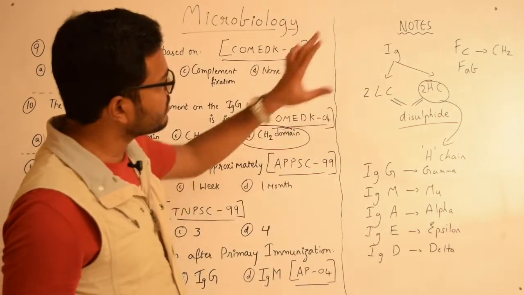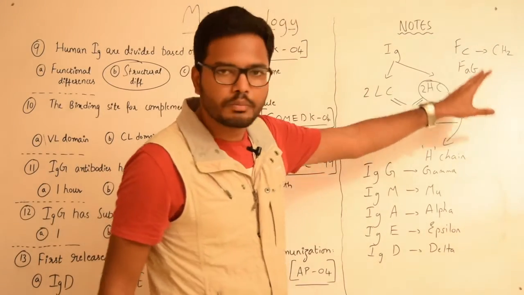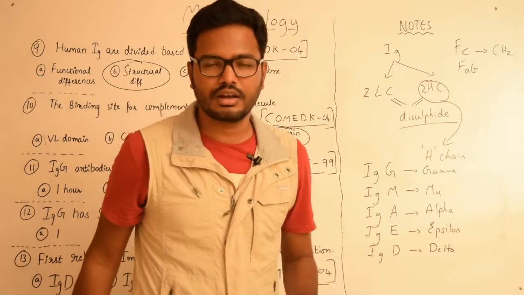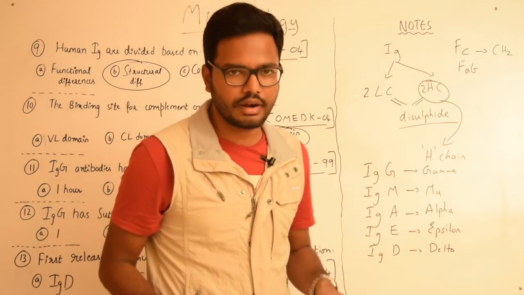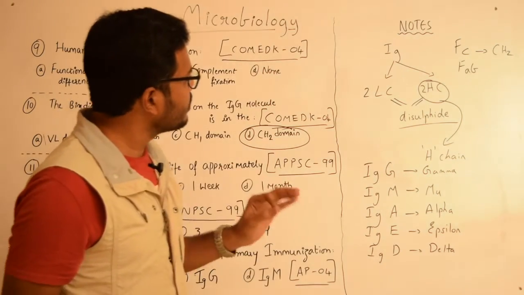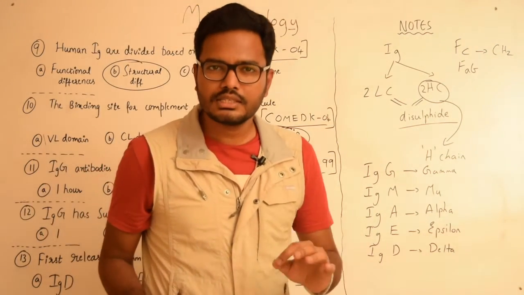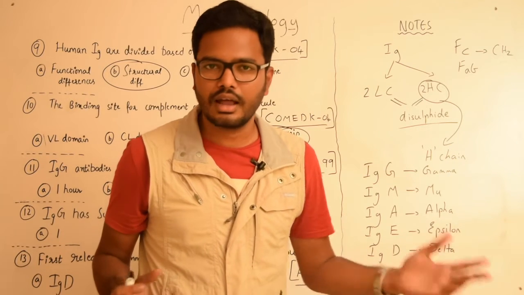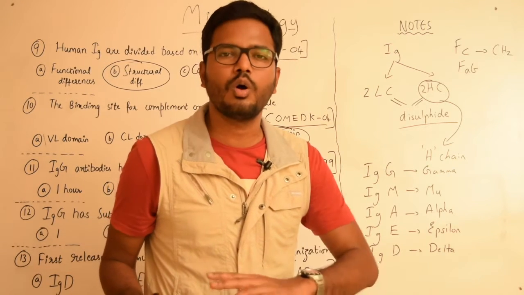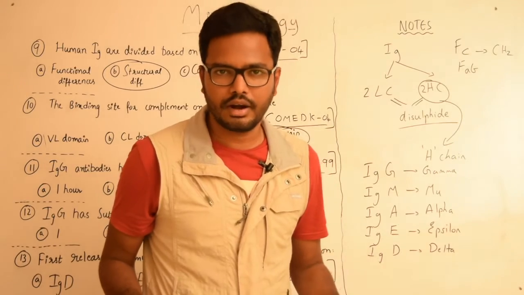The structure of immunoglobulin is very important. Once you understand the structure, you can answer several multiple choice questions from that aspect. And to note another point here, IgG is the only immunoglobulin that fixes complement, whereas other classes of immunoglobulins do not fix any complement, right?